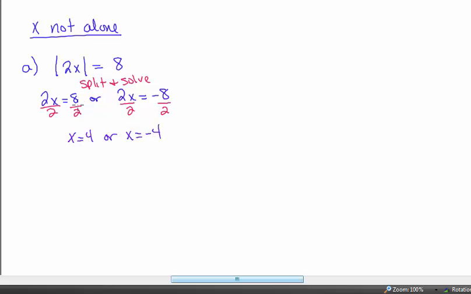Now in this scenario, I got the same number twice because I was just multiplying. But if I have an example like the first one in the book, where I'm adding, the absolute value of f plus 5 is 17, I have to split and solve.